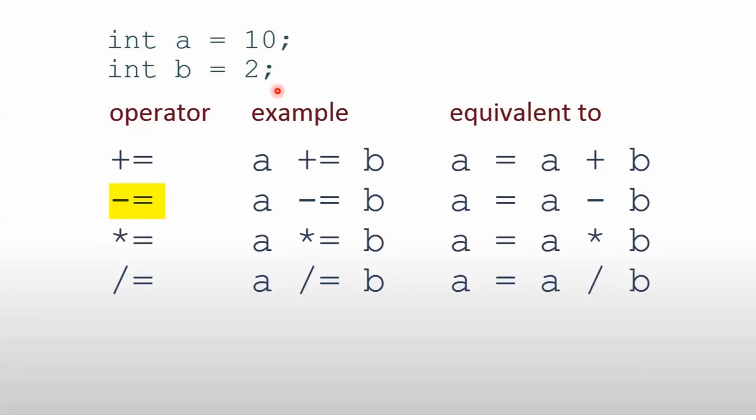If the value of a is 10 minus b, the value of b is 2. 10 minus 2. What will be the value of this a? 8. 8. Yes. Okay, means the same variable, but different values will be assigned to it. Clear, girls? Yes, ma'am.